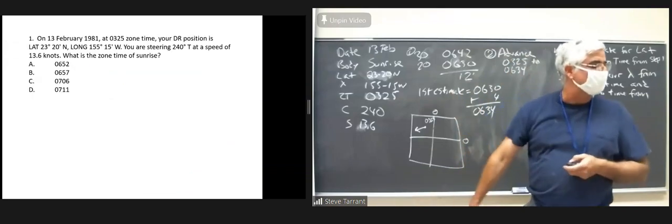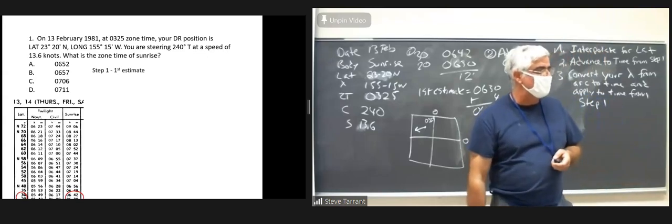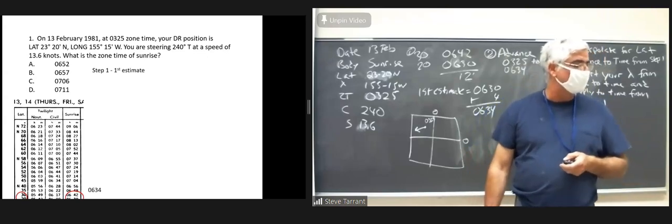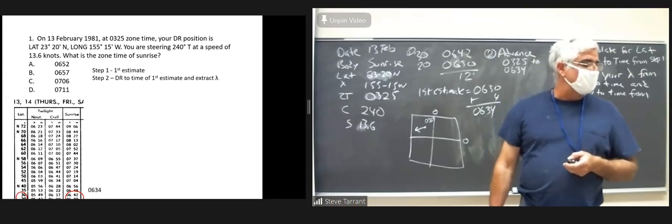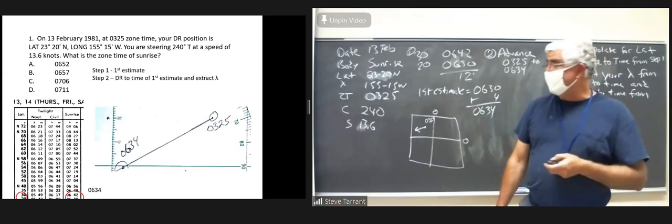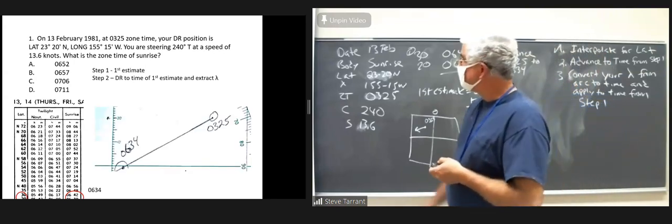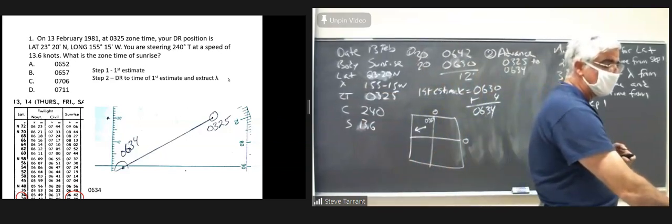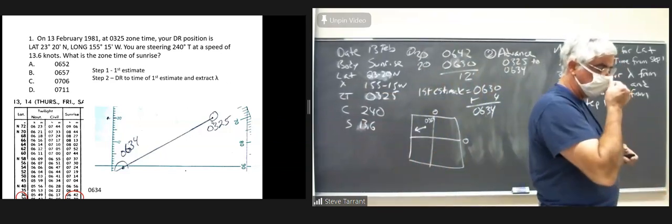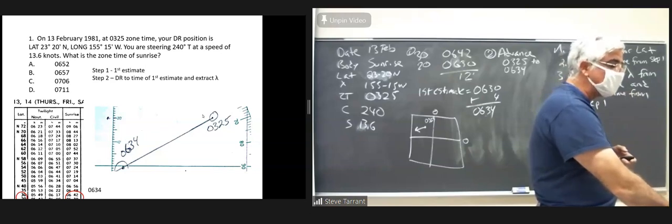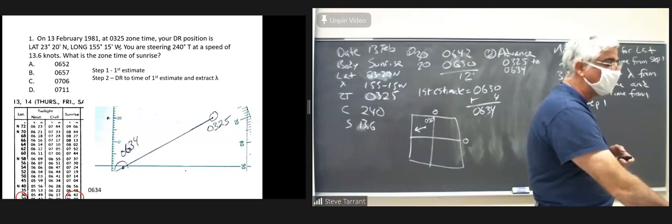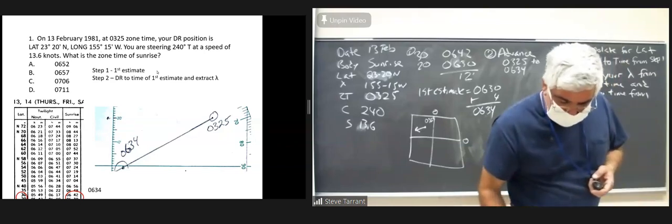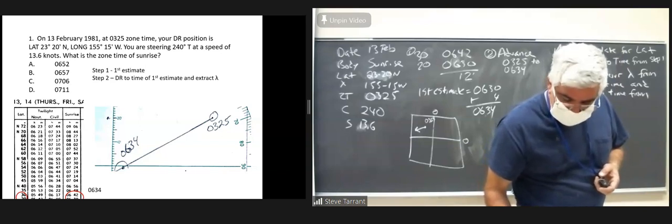Okay, now we need to advance to that. So that's the next step. We did the first estimate. We got 0634. Now we're going to do our advance. I actually plotted the 0325 position on a piece of plotting sheet, and then I advanced using my course 240, 13.6 knots.